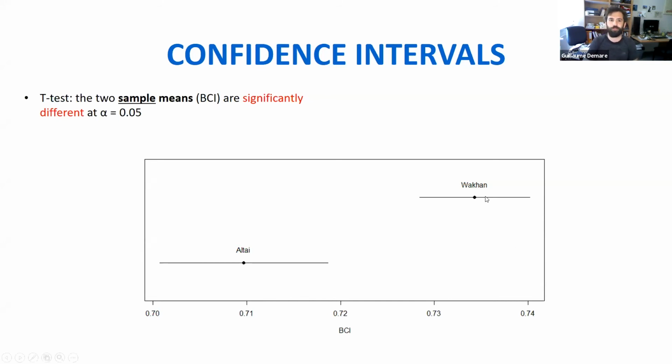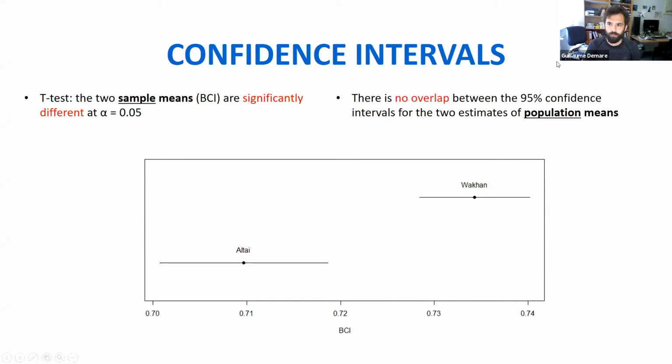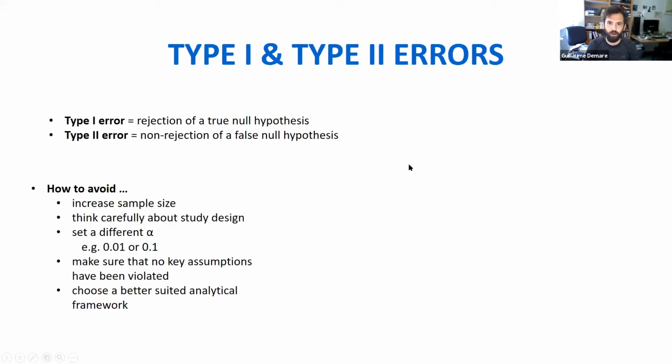That's what it tells you. So yeah, I hope that was not too confusing. And yes, so this is it. So the t-test tells you there is a significant difference between your sample means, and the confidence intervals tell you that there is no overlap between the 95% confidence intervals for the two estimates of the population means. That's the main difference here. Okay, but they are related.